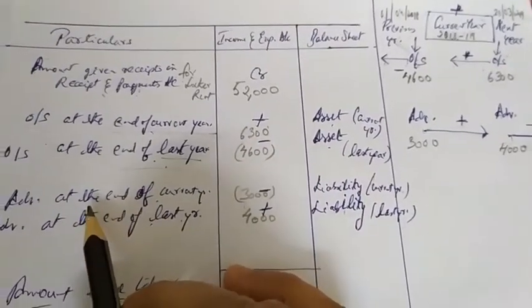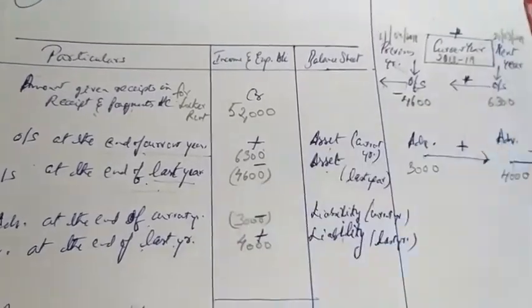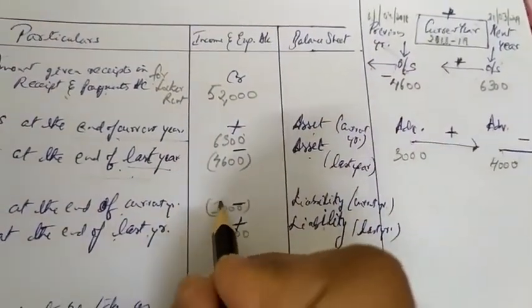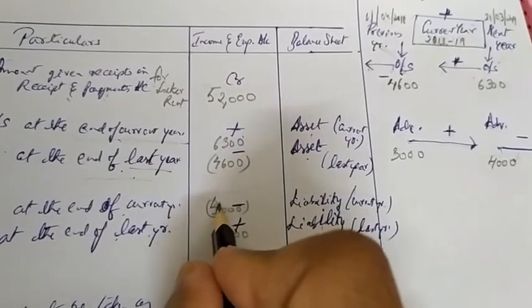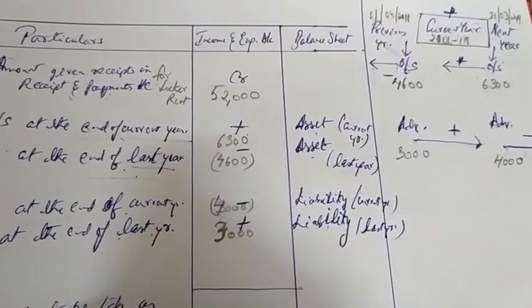This amount should be 4,000. I'm overwriting, don't mind.